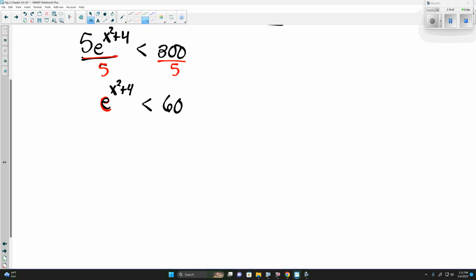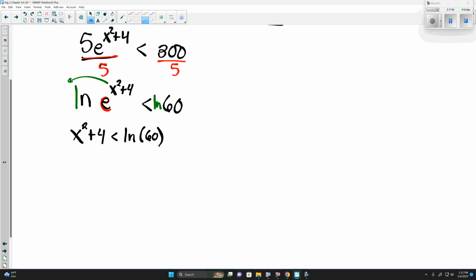Then what would we do? All right, we would move it out front, but to do that, we need to apply the natural log to both sides.